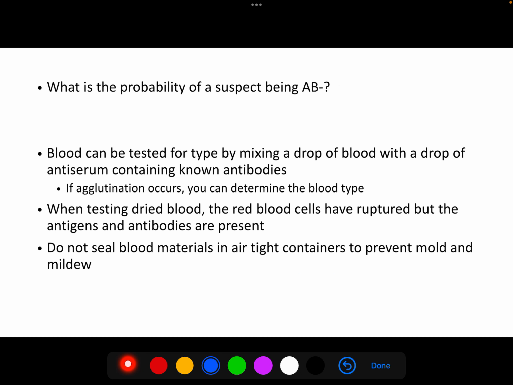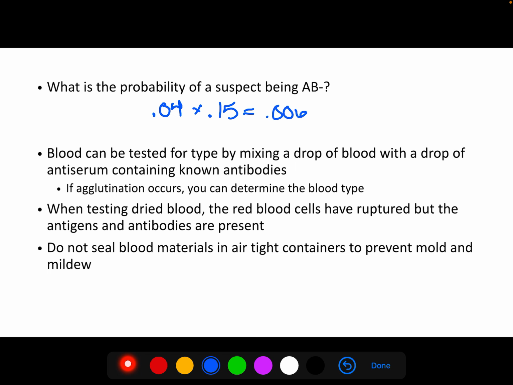Like I said, the rarest blood type is AB negative. If we're looking at the data for that one, we said only 4% of people were AB, and 15% of people are negative. So if we multiply those two together, it's 0.006.